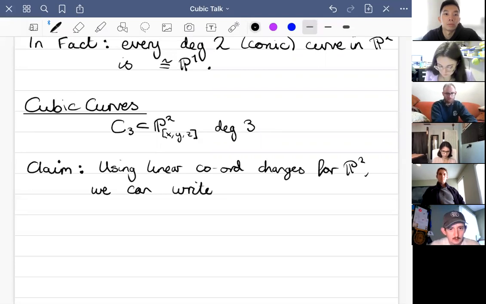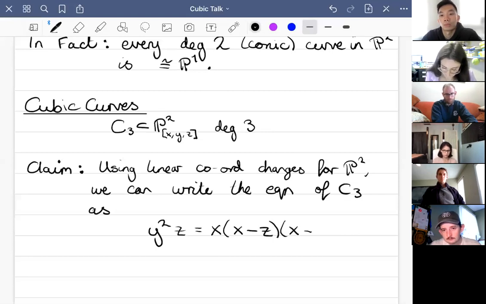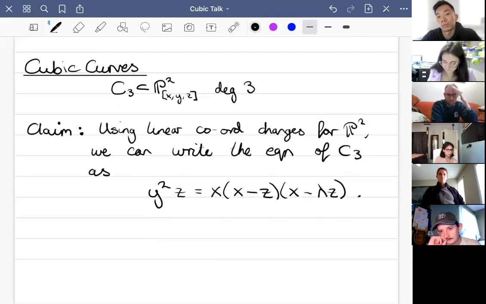So we can write the equation of C as the following. We get y squared z equals x multiplied by x minus z, x minus lambda z, where lambda here is a complex number.